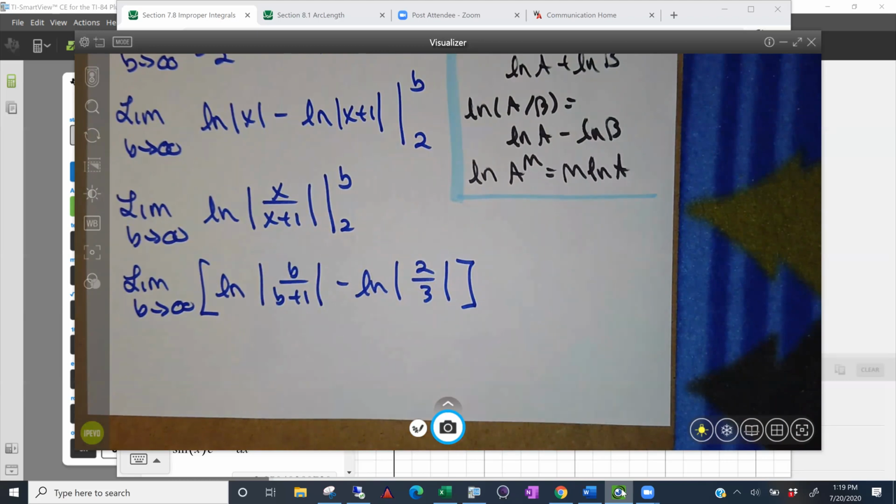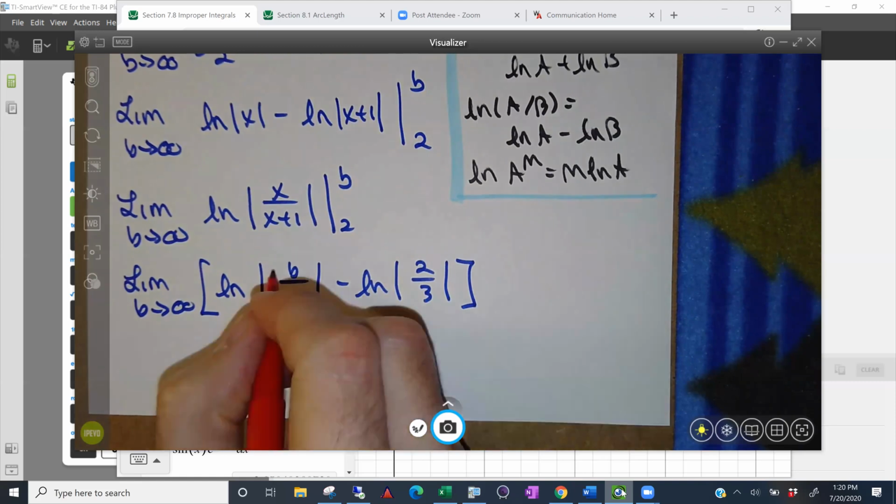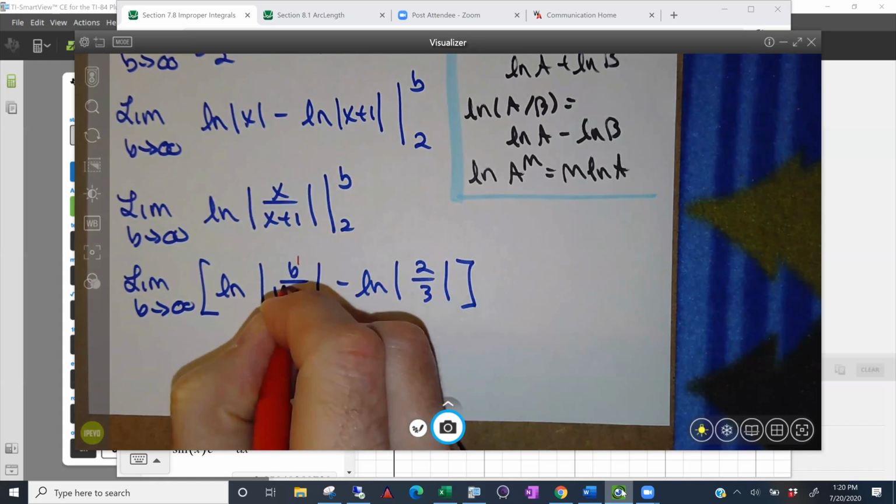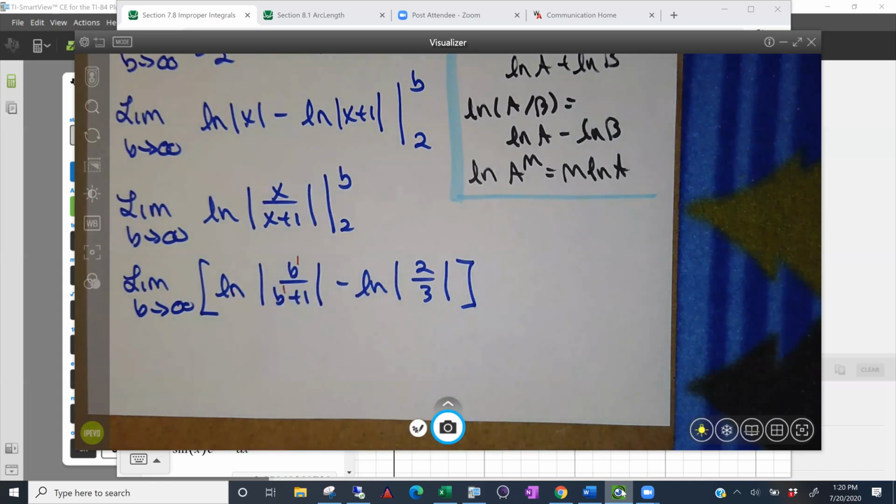But infinity over infinity is not really well defined. You could use L'Hopital's rule to figure out the limit here, although I don't think we need to go to quite that extreme. You might notice that the exponents here are the same, right? b to the first power and b to the first power.